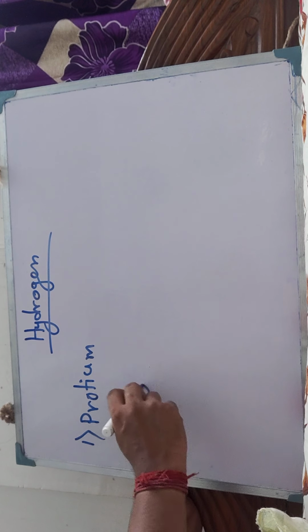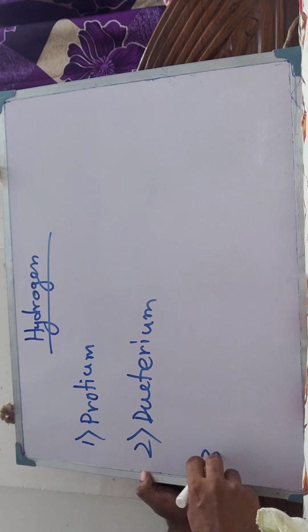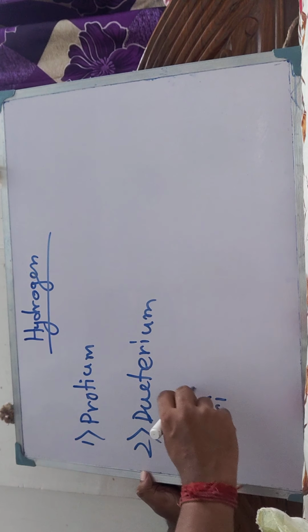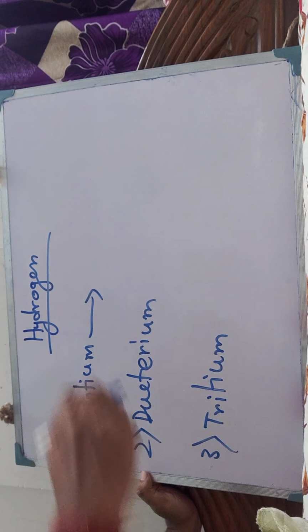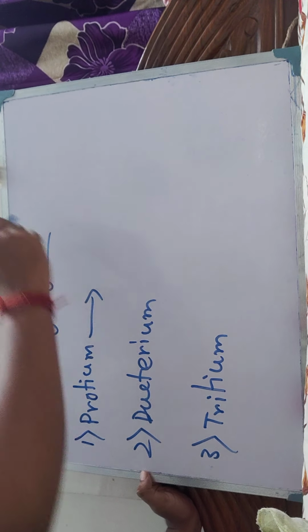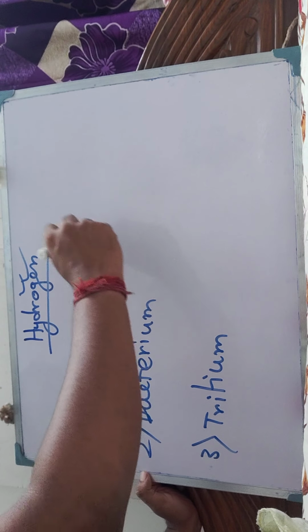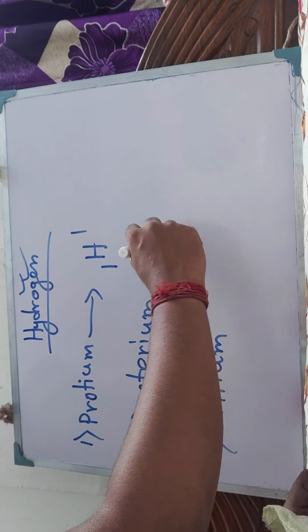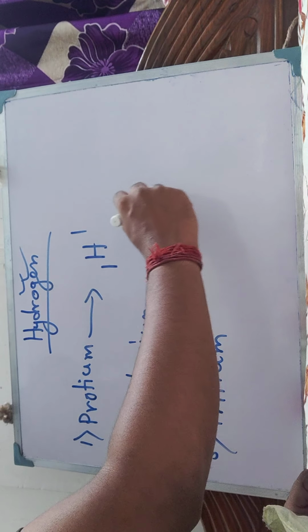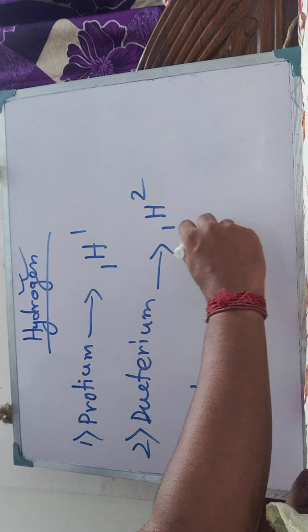Number 2 is known as deuterium. And number 3 is known as tritium. Protium is the so-called hydrogen. And its symbol is 1H1. Deuterium's symbol is 1H2. And tritium's symbol is 1H3.